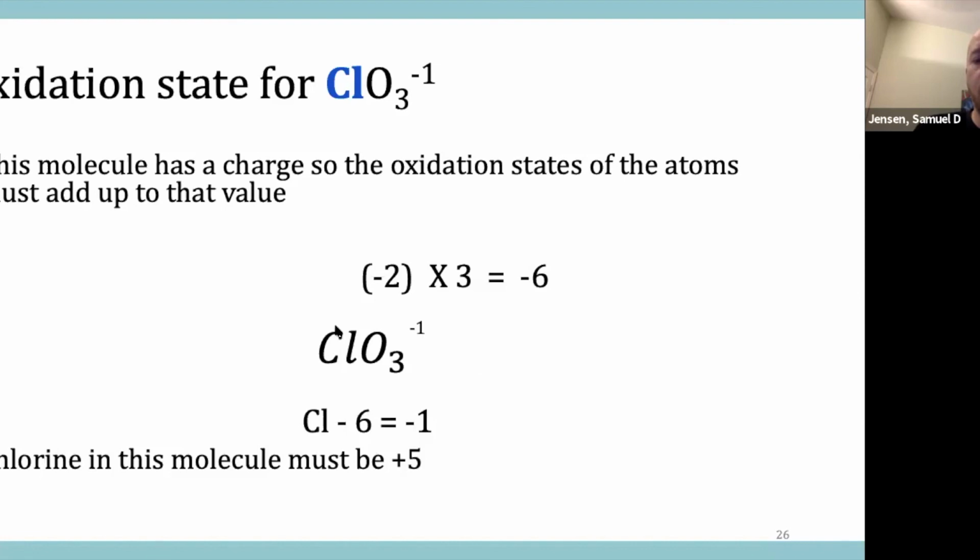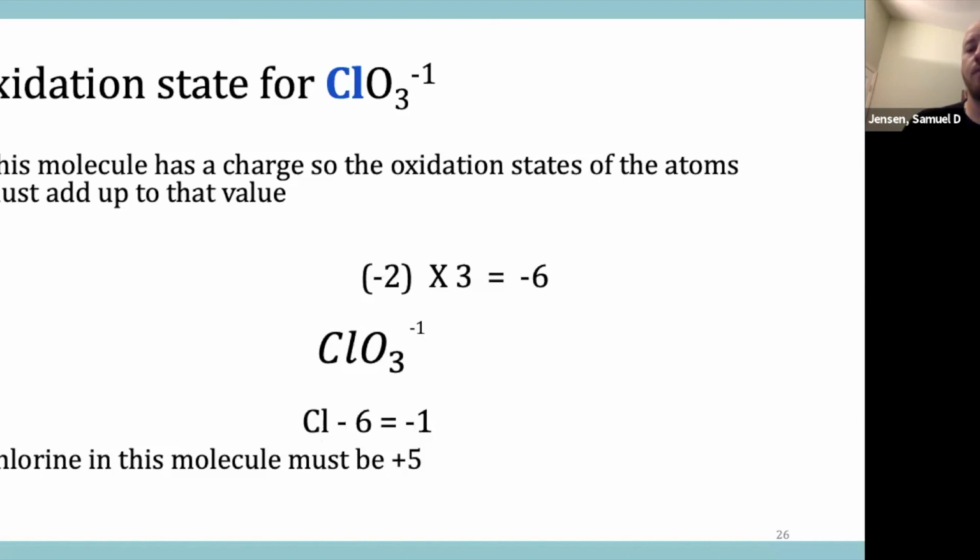So we have chlorine and we have all of the oxygens at -6. The question is, what does chlorine have to be to make this expression true? It has to be +5. Chlorine must be +5 in order for +5 minus 6 to be -1.